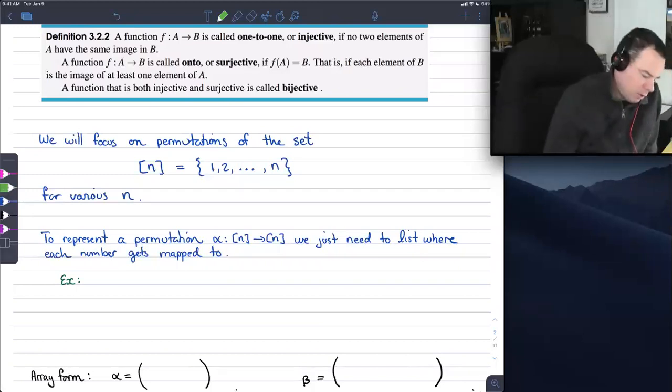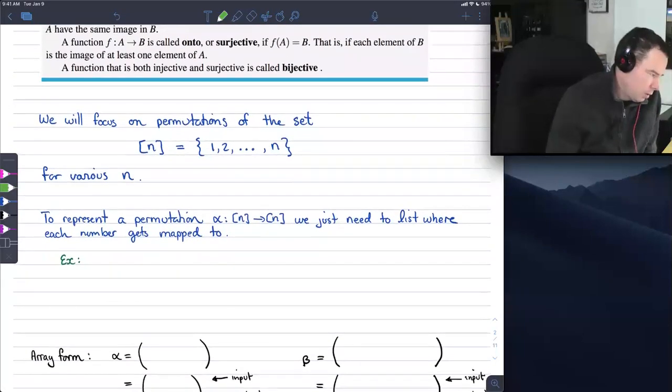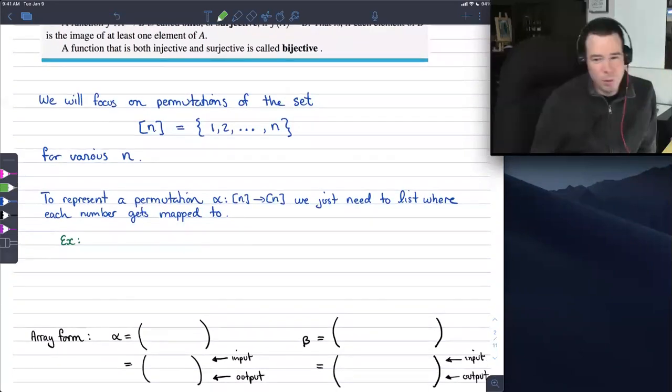So a permutation is a function now. We're going to be mostly focused on permutations of the set of elements 1 to n, which we've denoted by square bracket n for various values of n. And so now we want to think about, okay, how can we represent a permutation? This is where we're going to start to deviate from how you normally think about functions.